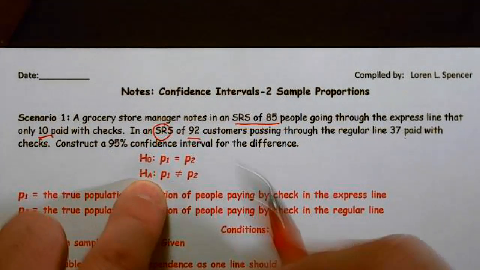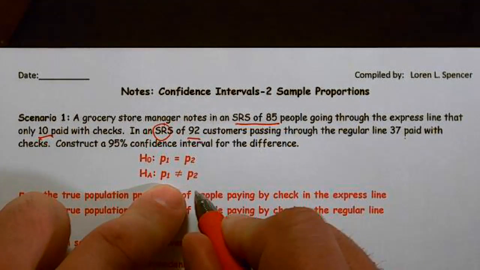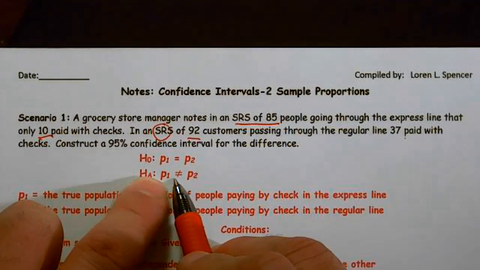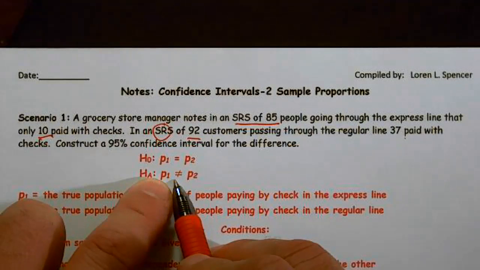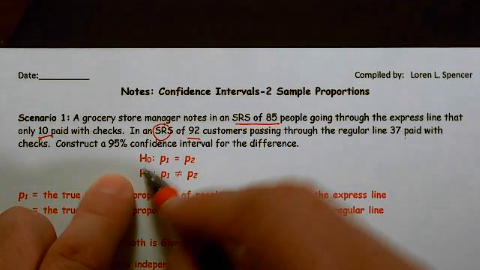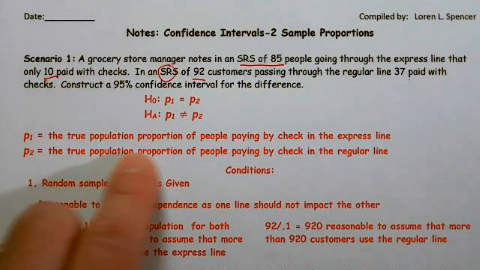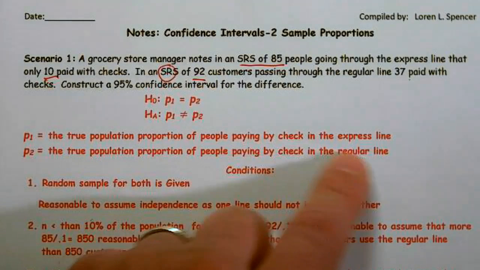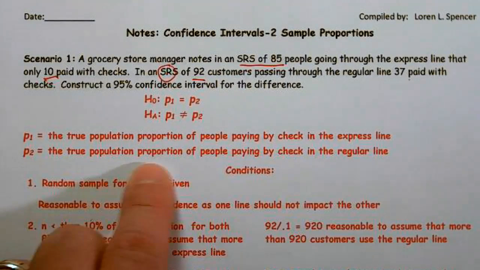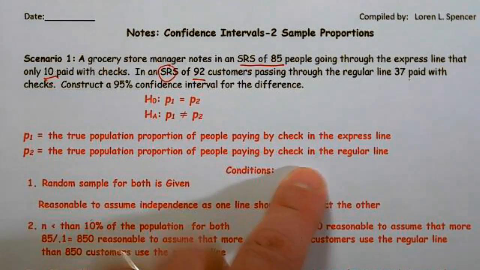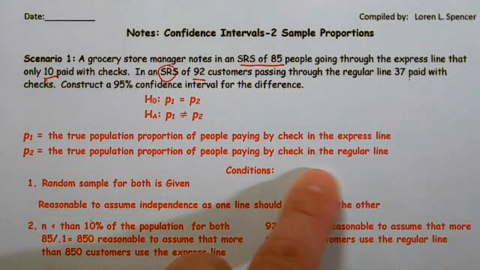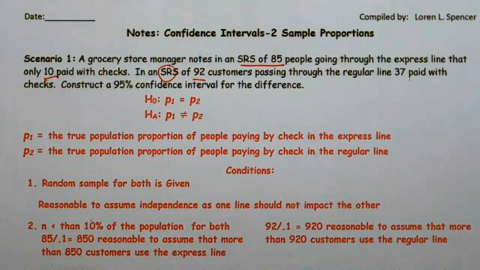The alternative, since it's a two sample confidence interval, would be the same as having a not equal. But this was not required. P1 is the true population proportion of people paying by check in the express line. P2 is the true population proportion of people paying by check in the regular line.